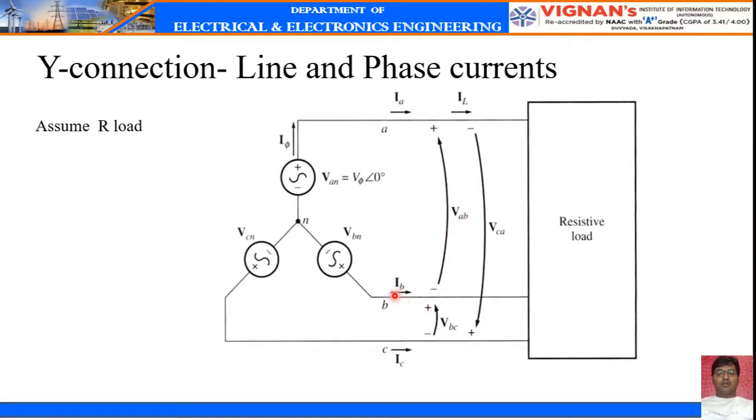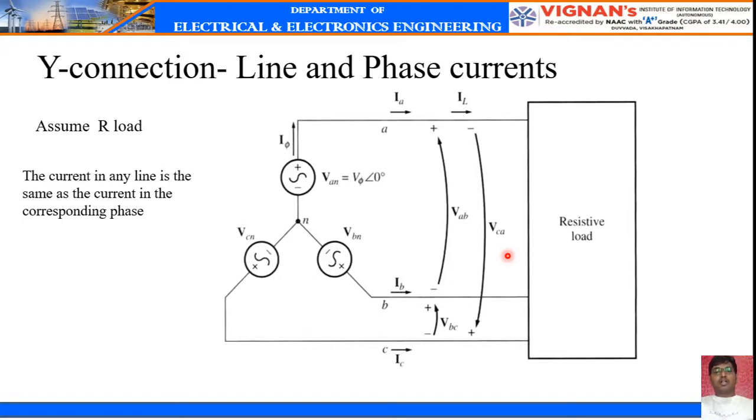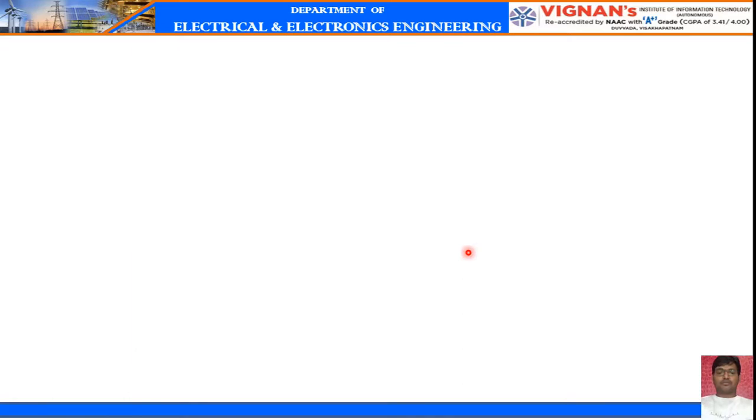Similarly, the voltage between terminal B and terminal C is the voltage VBC. The voltage between terminal C and terminal A is the voltage VCA. So the current in any line is the same as the current in each phase in a star connection. So here the line current is equal to the phase current. This is one important note from the three-phase star connection.